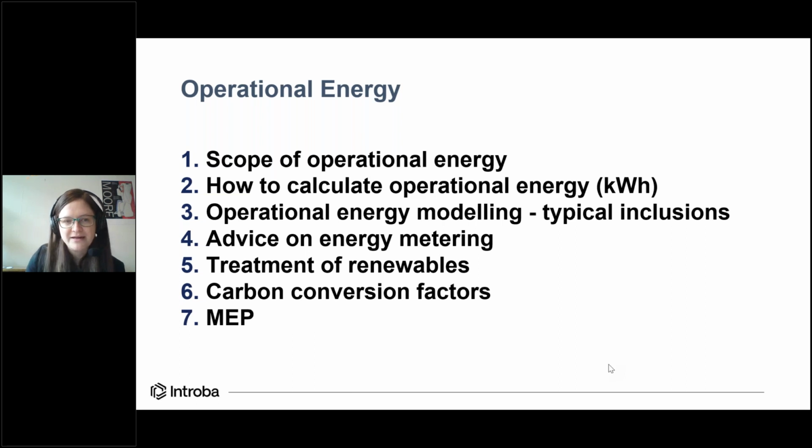I'm going to first talk about the scope of operational energy, then the guidance that we're providing on how to calculate operational energy, typical modelling inclusions, the advice that we're giving on energy metering, and the treatment of renewables, which is slightly different in the update, and also the carbon conversion factors. And at the end, I'll touch a bit on the upgrades that the professional statement has made relating to embodied carbon of MEP.